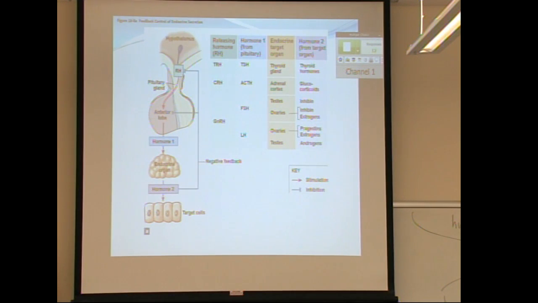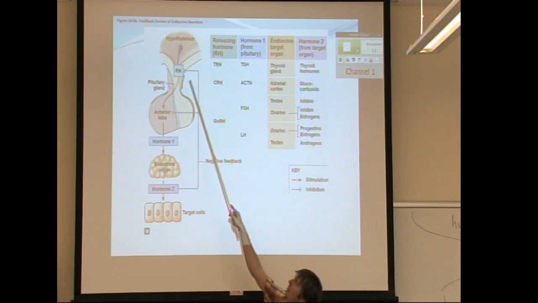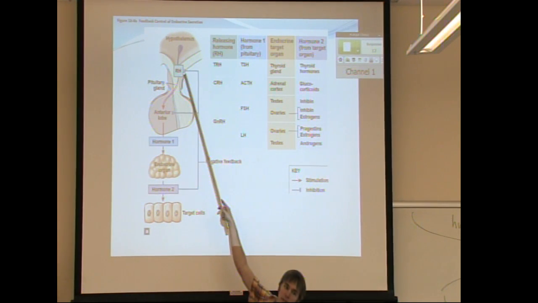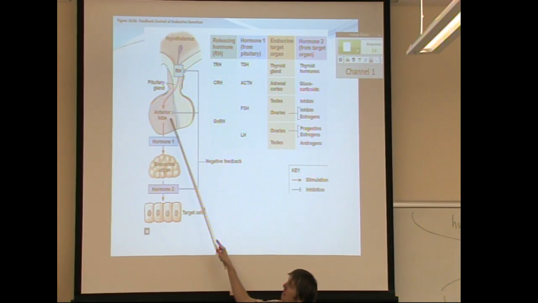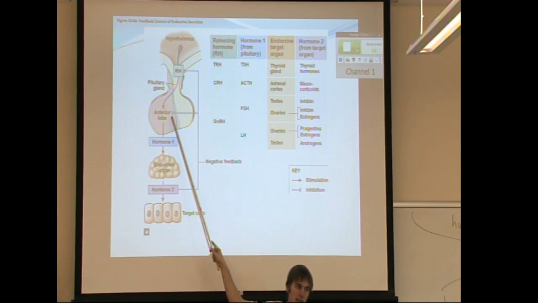All right. And one thing to mention, they basically all have negative feedback too, just like you saw with testosterone and estrogen. So the final hormone that's made, like maybe this is thyroid hormone, goes back and blocks the production of the releasing hormone in the hypothalamus, and it blocks the release of that hormone from the pituitary.